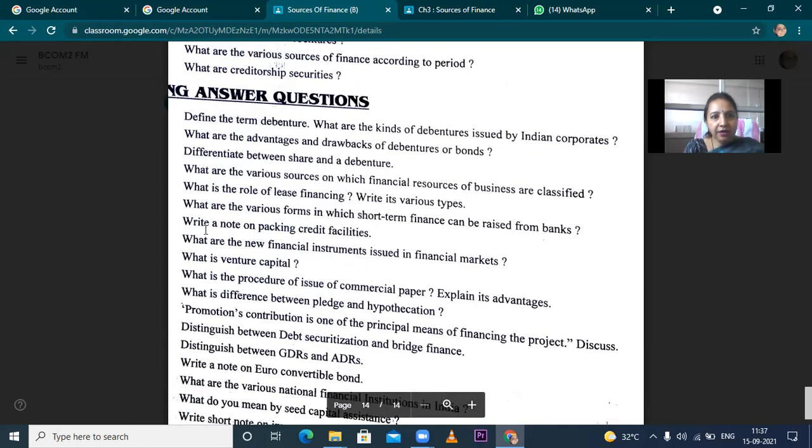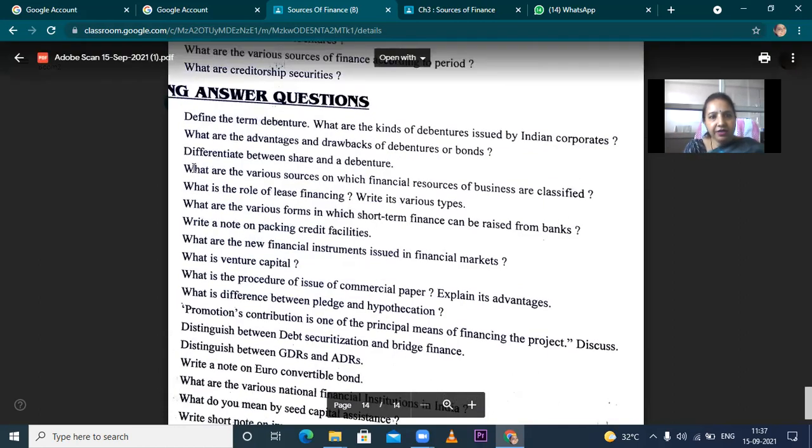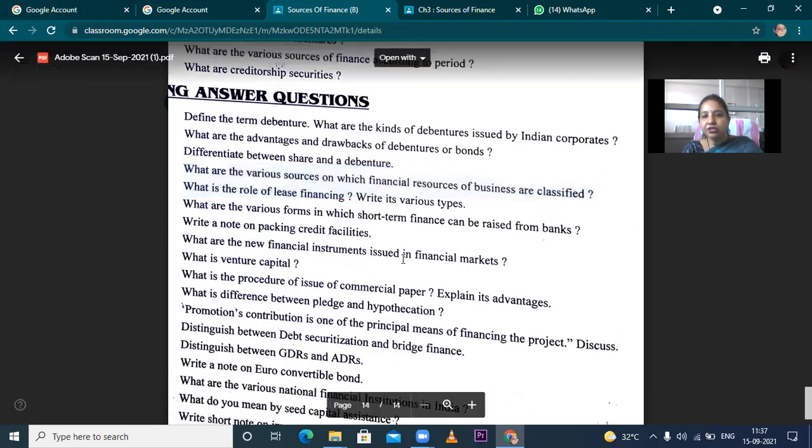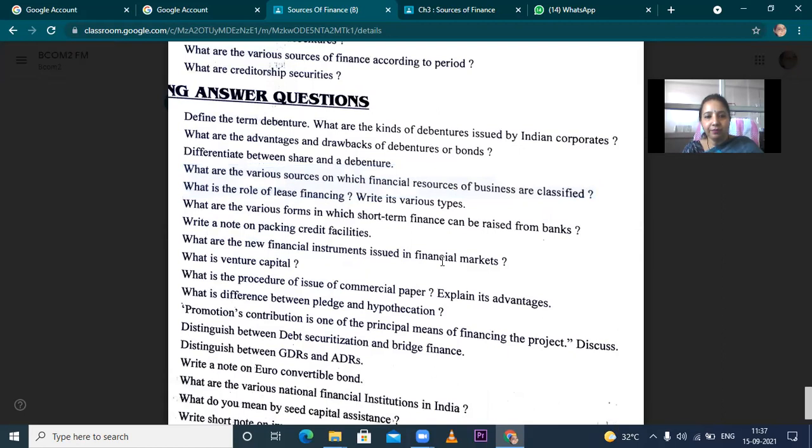This can be there, and this is the most important question being asked: what are the various sources on which financial resources of business are classified? What are the new financial instruments issued in the financial markets?